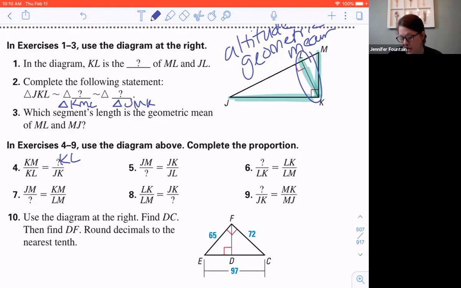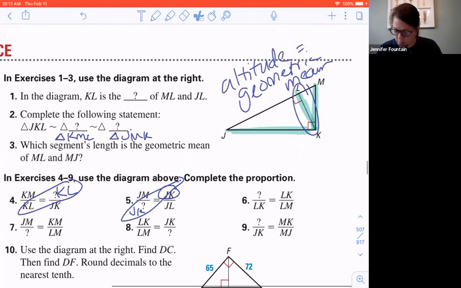Look at number 5. JM over what is equal to JK over JL? If this is in the numerator, what do I know needs to be in the denominator? Remember, these two need to be the same. Okay. Let's see, when I'm comparing the next one, let's look at what we're comparing.